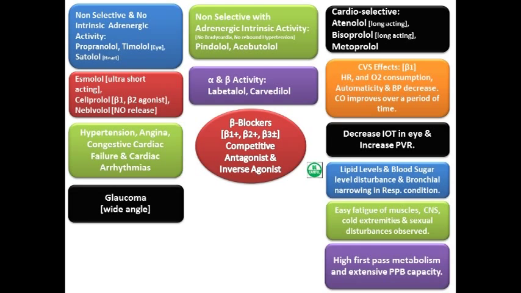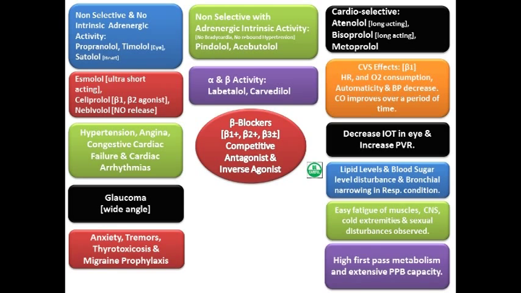We use beta blockers like timolol and related drugs in glaucoma, especially wide angle glaucoma, because these drugs give rise to a decrease in the formation of aqueous humor. So that's one of the reasons that you want to use these drugs in these conditions. These drugs are also used in cases like anxiety disorders, panic attacks, tremors, essential tremors.